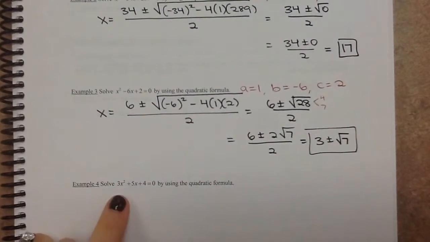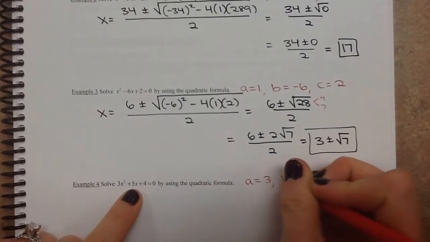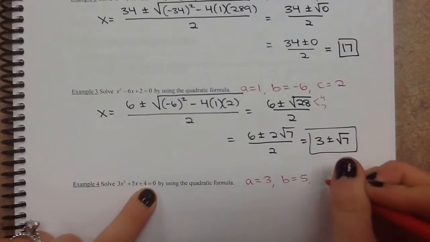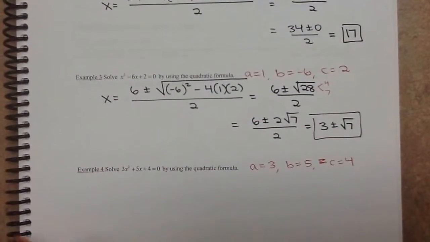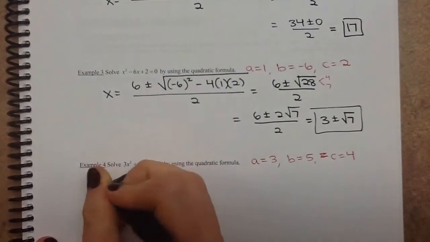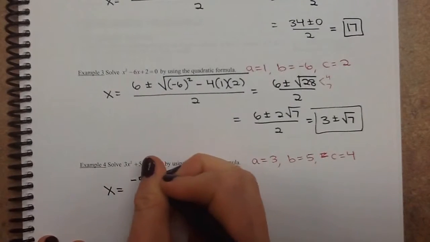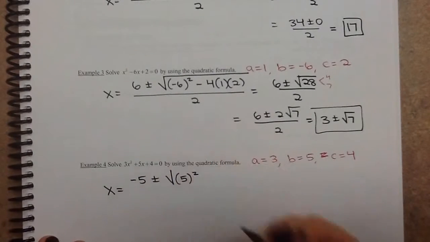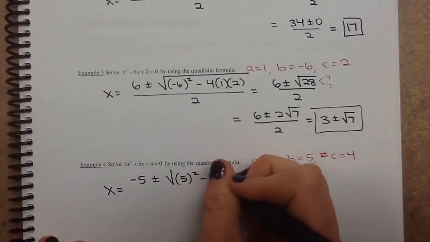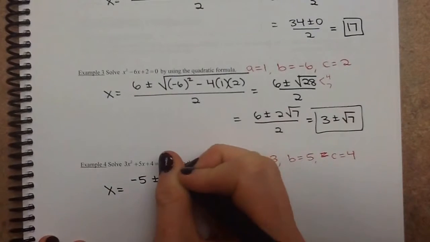Okay, last one. There is a 3 in front of the x squared. There's a 5 in front of the x, and then a free-floating 4 would be your constant. So for our last one here, plug these all into the quadratic formula. So x equals negative b, negative 5, plus or minus square root of b squared minus 4 times a times c.